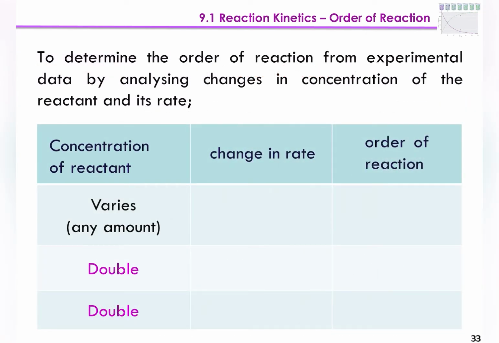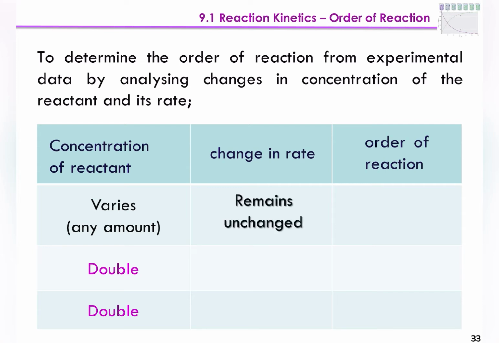The next one, you can also determine the order of reaction from experimental data by analyzing the changes in concentration of reactant and their rate. So for example, I have a reactant where the concentration of that reactant varies. I put in any amount of it. So what will happen to the change in rate?